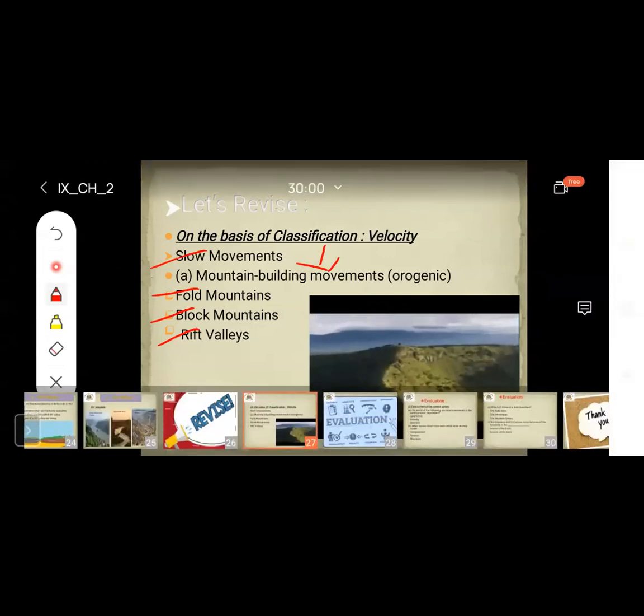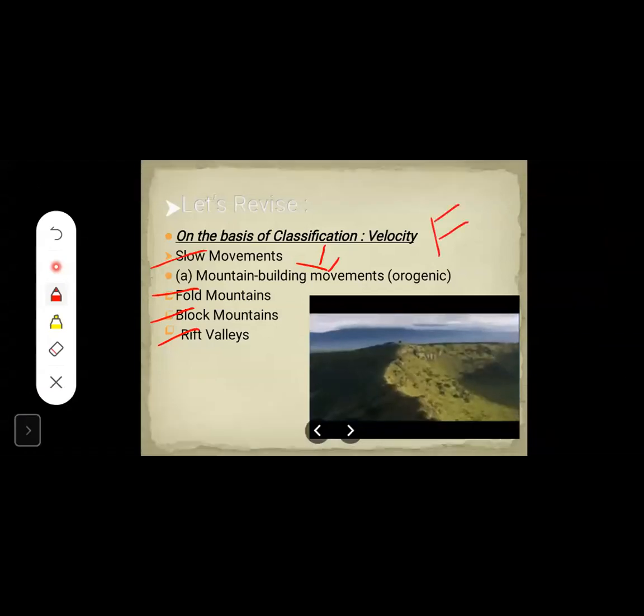And after that, in the slow movements, the three new words we have studied are faults, compression and tension. These 3 points you have to keep in your mind for the slow movements. What is that? First, faults.